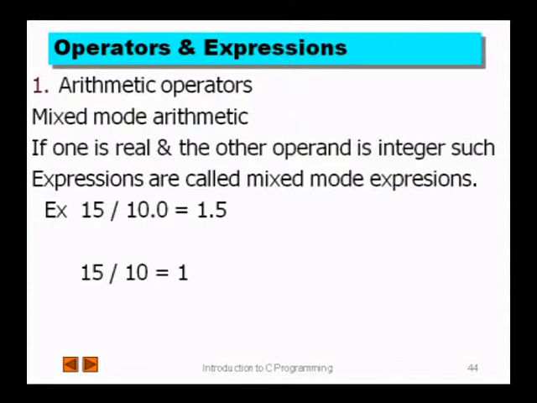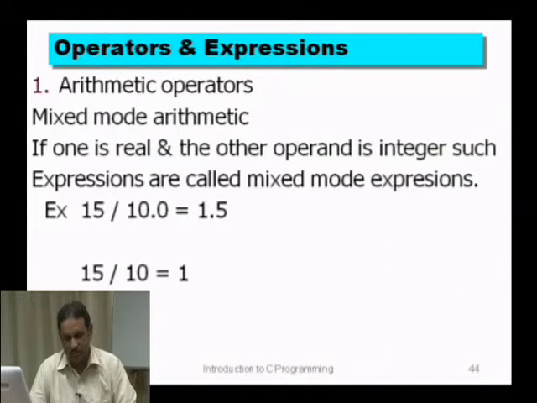Then sometimes one variable may be of type integer and the other of type real. That is what we call mixed mode arithmetic, where one operand is of type integer and the other is of type float. If one is real and the other operand is integer, such expressions are called mixed mode expressions.